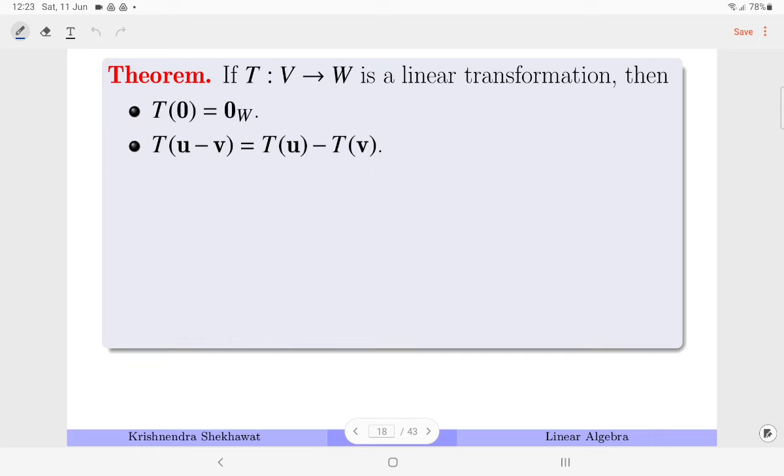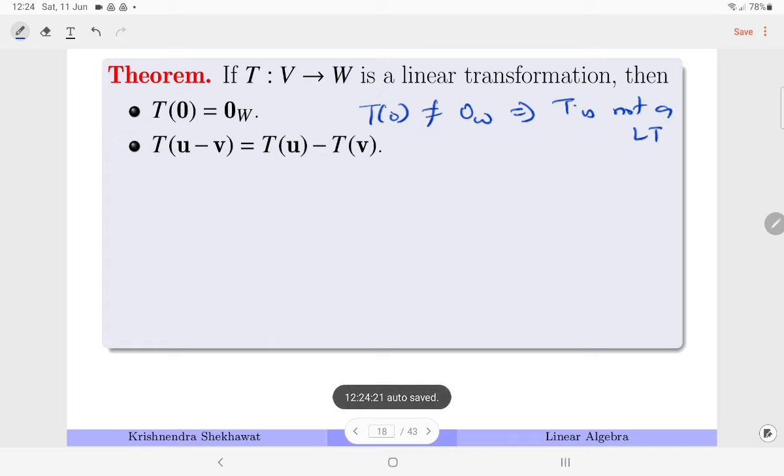This is again an interesting, simple result. It says that if T is a linear transformation, then T of 0 should be equal to the zero vector, which means that the zero vector of V must be mapped to the zero vector of W. It also means that if T of 0 is not equal to the zero vector, then T is not a linear transformation.